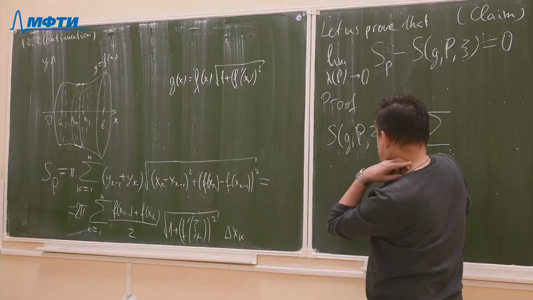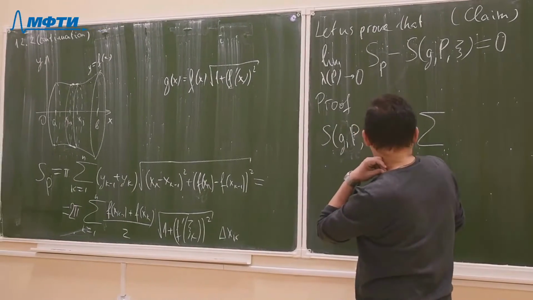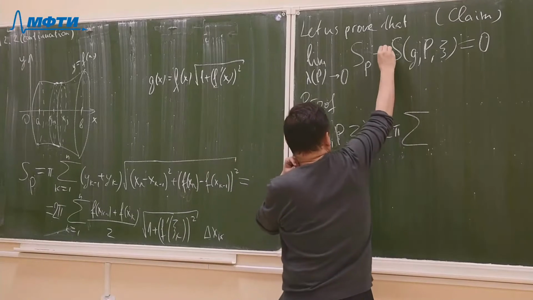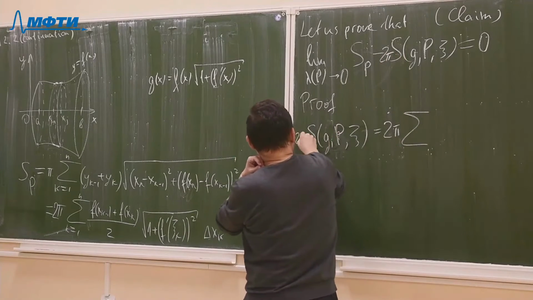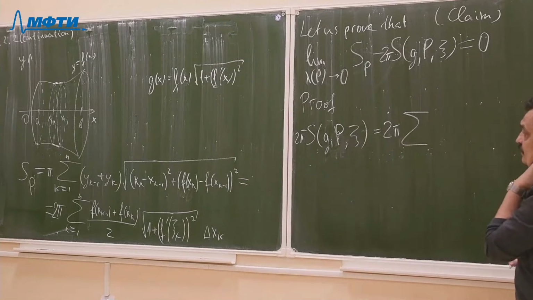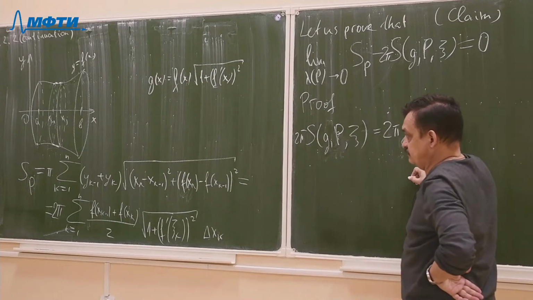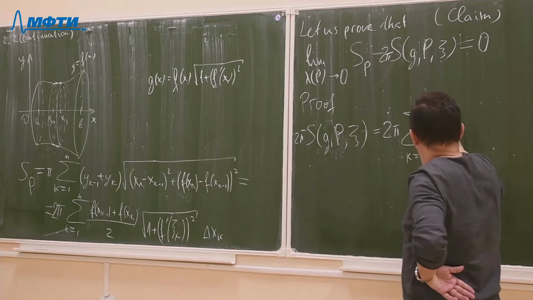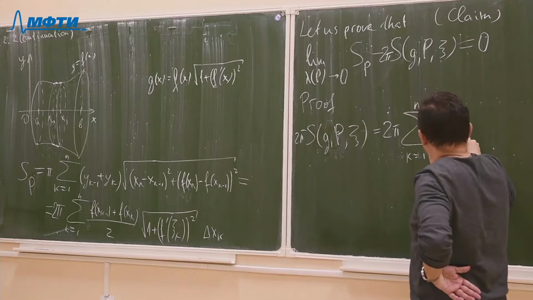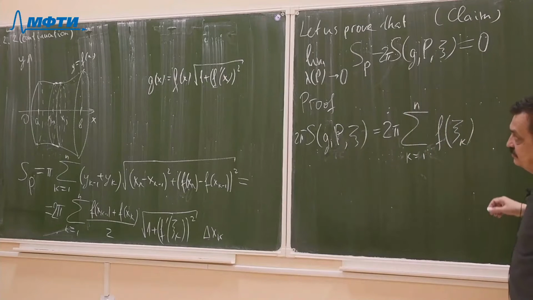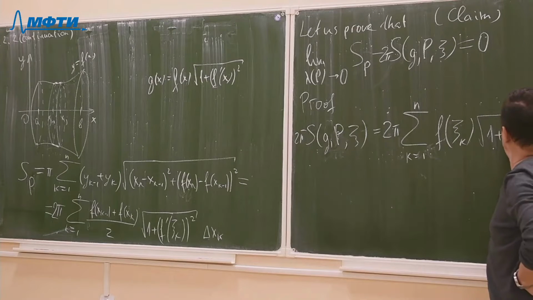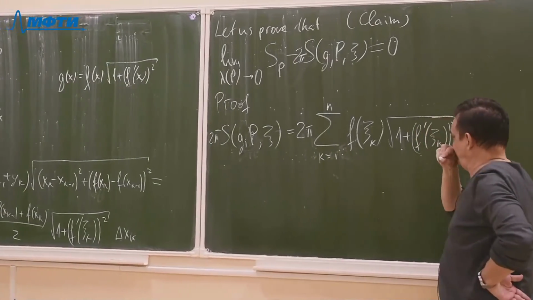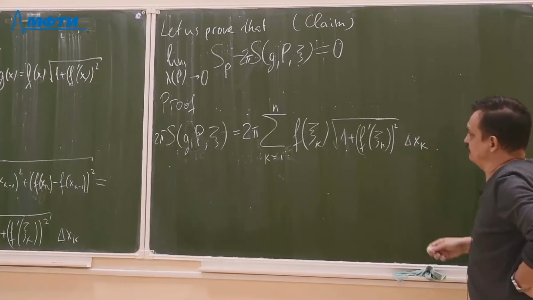Oh, sorry. 2 pi should be there somewhere. 2 pi times this: 2 pi sum k from 1 up to n, and we substitute into our function points psi k and write down that integral sum.